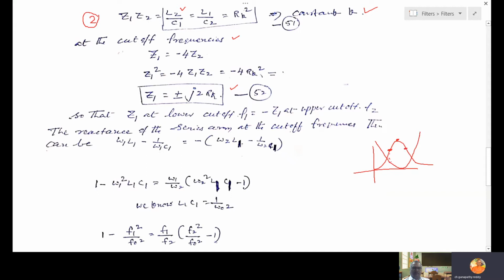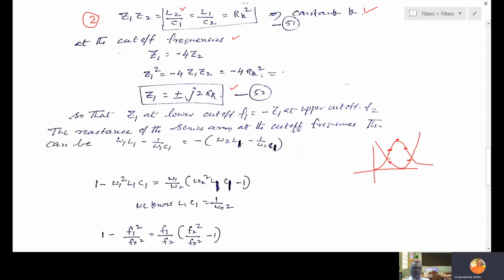Whatever you are getting here, you are also getting the same thing here. So Z1 at lower cutoff is equal to minus Z1 at upper cutoff. In the same way, omega 1 L1 minus 1 by omega 1 C1 is equal to minus of upper cutoff, omega 2 L1 minus 1 by omega 2 C1.